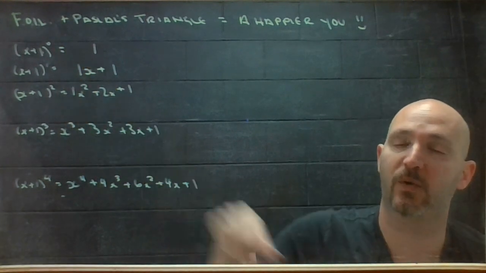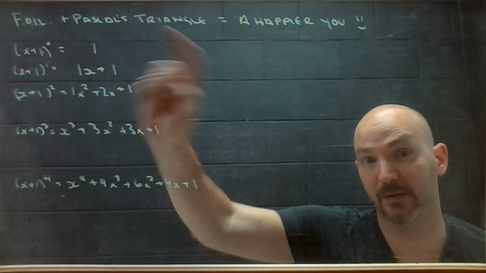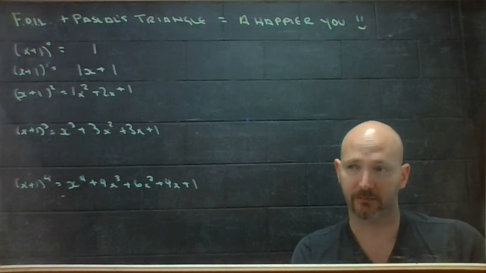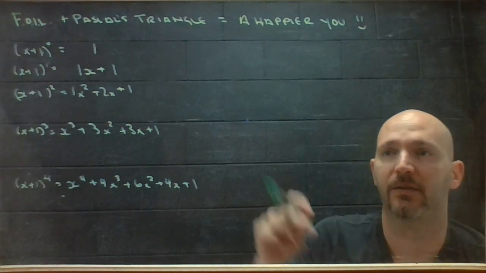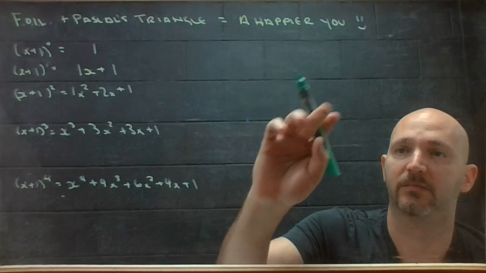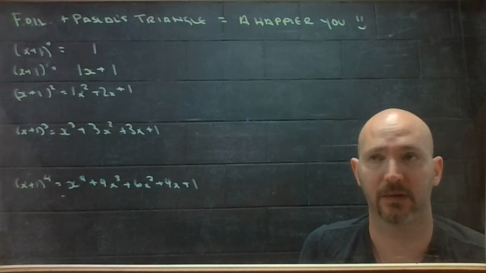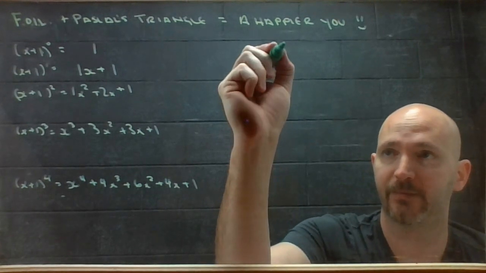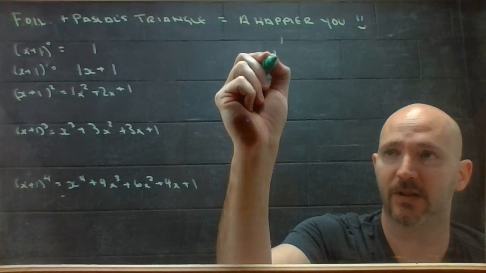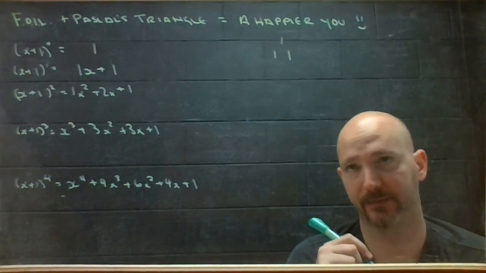So we've done some FOIL stuff, that's good. Now we're on to the Pascal's triangle part. Pascal's triangle is just a little number pattern. The idea is you start with 1, 1, 1 in a triangle, like that.